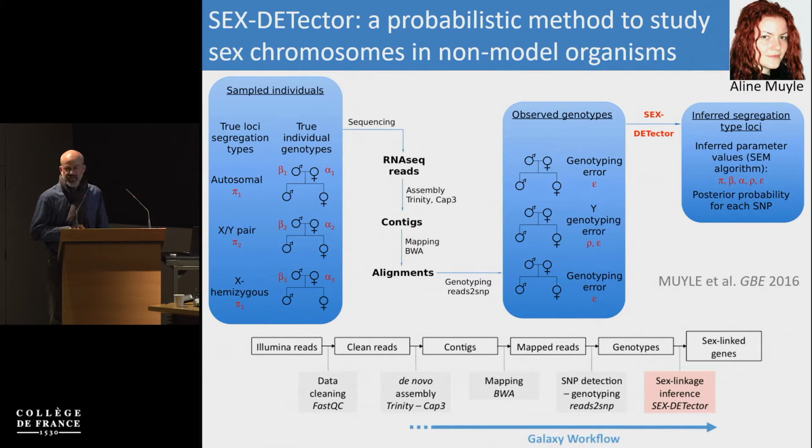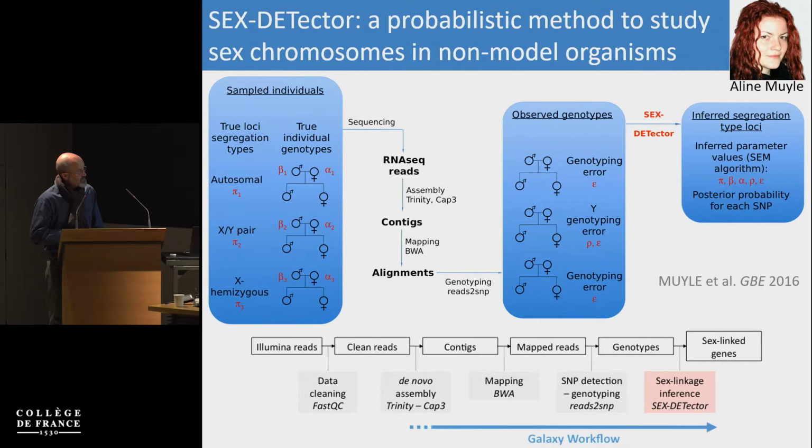This is really easy to use this approach. Even in non-model organisms for which you have no reference genome, you only need to be able to have a cross and to get RNA from the parents and a few offspring. Then you can get RNA-seq data.